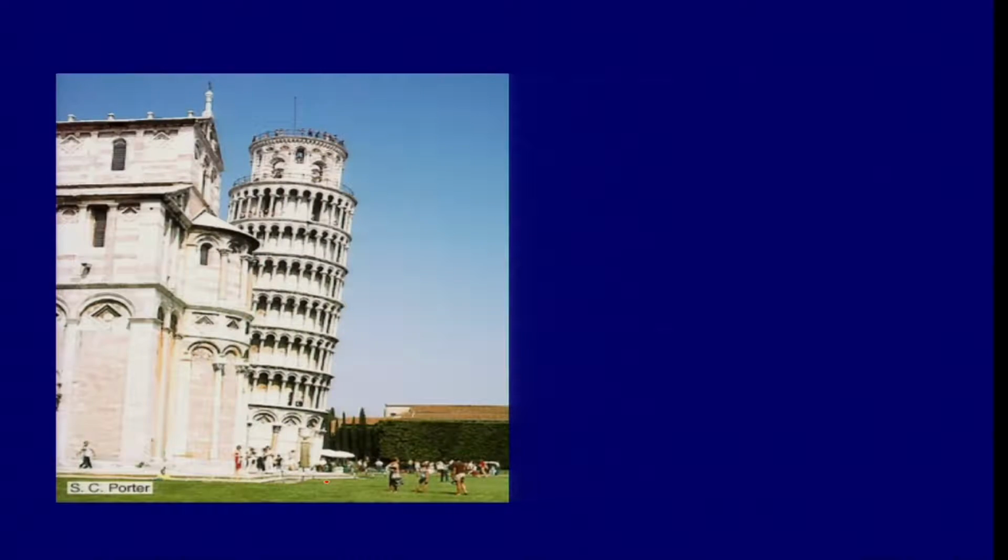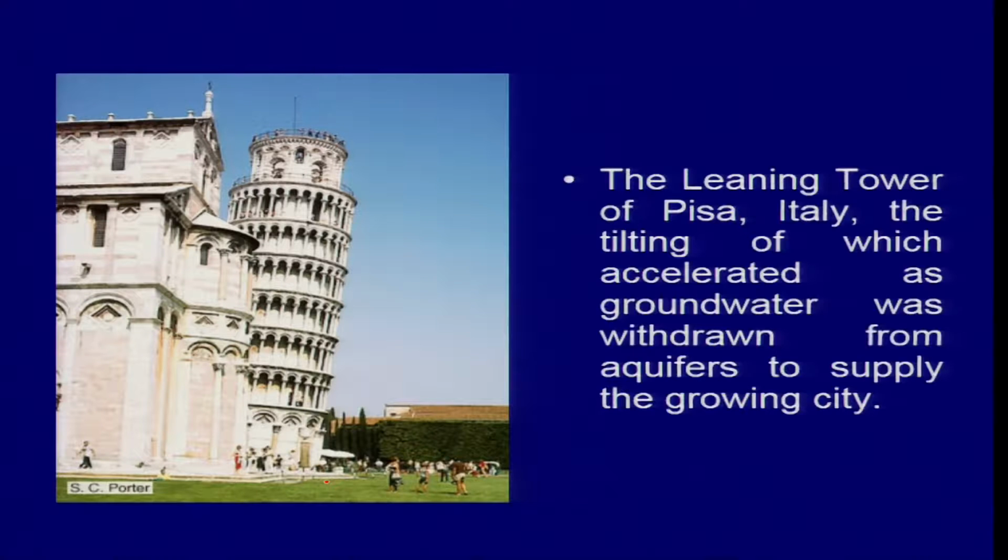And this is one of the famous examples because of the excess extraction of groundwater. This is the Leaning Tower of Pisa in Italy, and this was because of the groundwater withdrawal. So, we need water for the growing cities, but we may experience the associated hazard because of this.